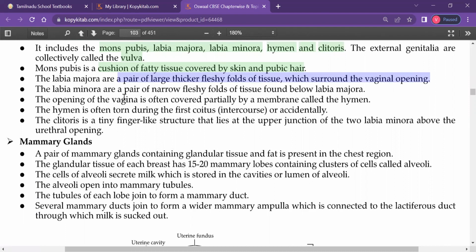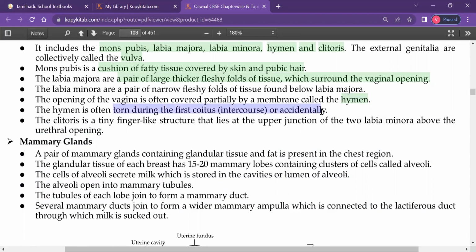Labia minora are the pair of narrow, fleshy folds of tissue found below the labia majora. The opening of the vagina is often covered partially by the membrane called hymen. The hymen is often torn during the first coitus, intercourse.